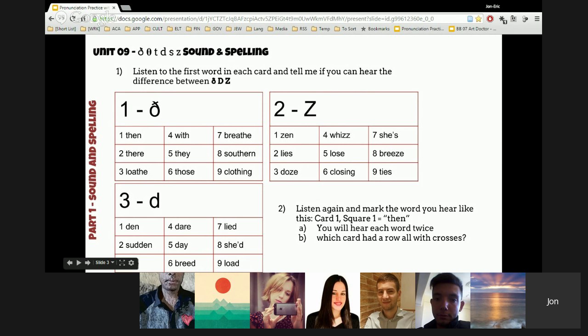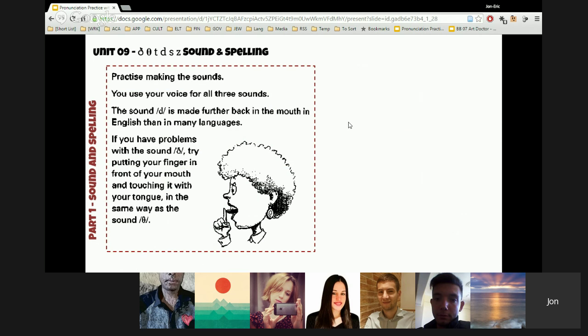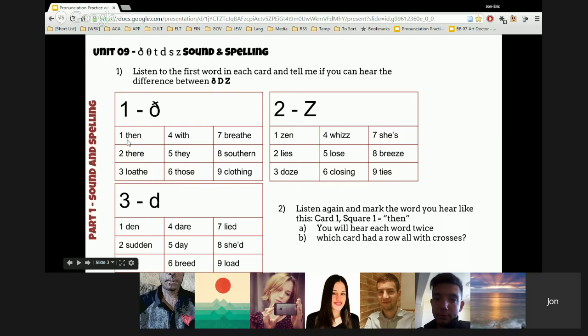In fact, we're going to look at this in a second. You said card 1 is square 1, right? Correct. Then. Yeah, but you got to exaggerate it. Then. It's difficult. Yeah. But let me show you a trick.